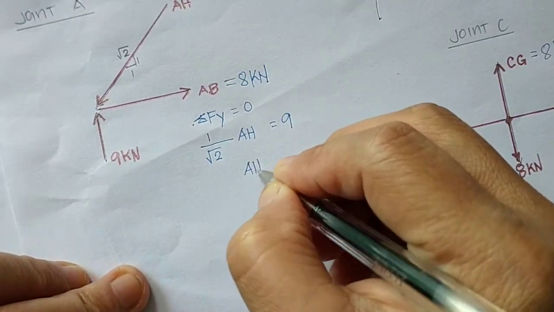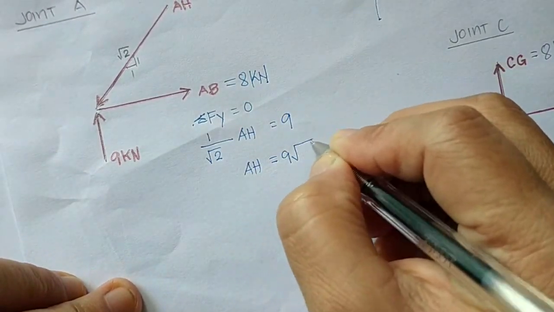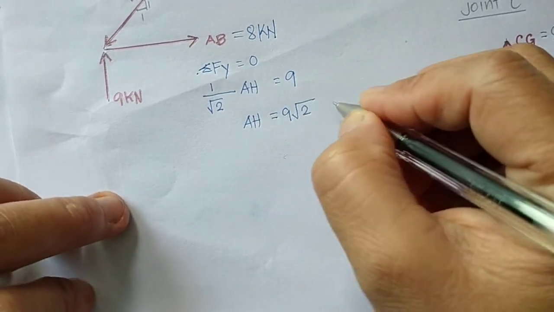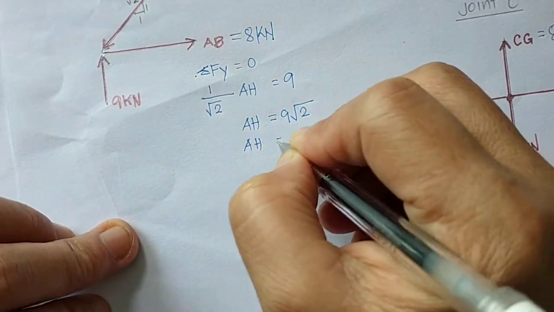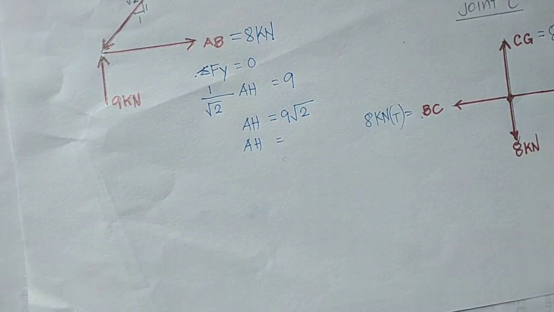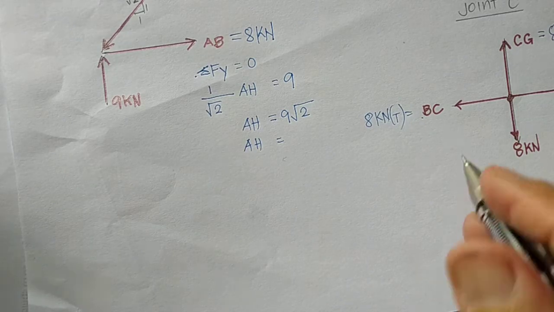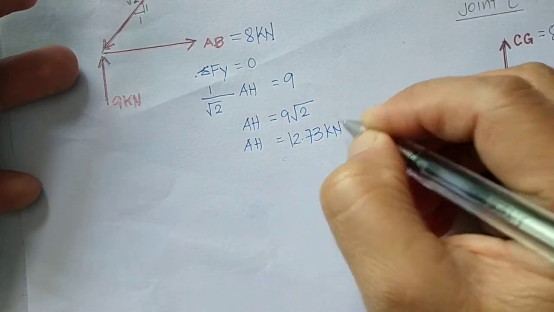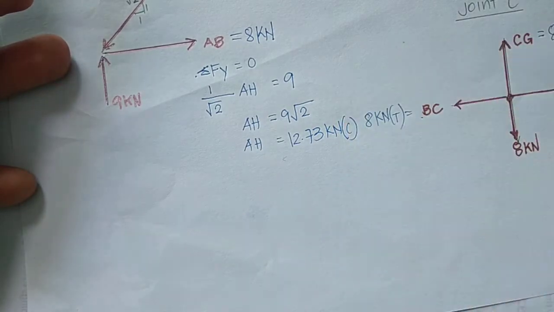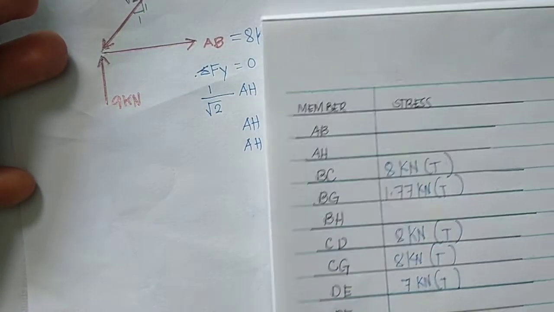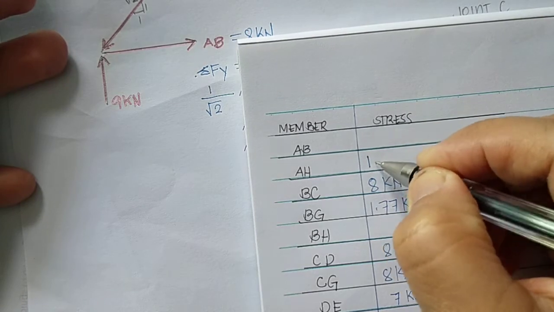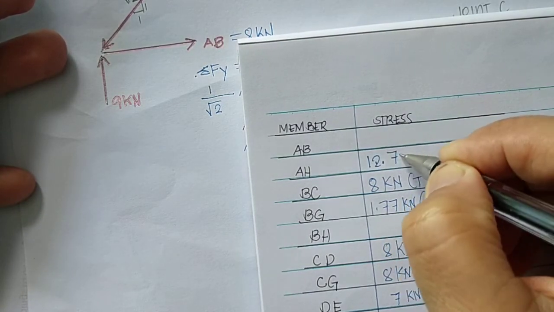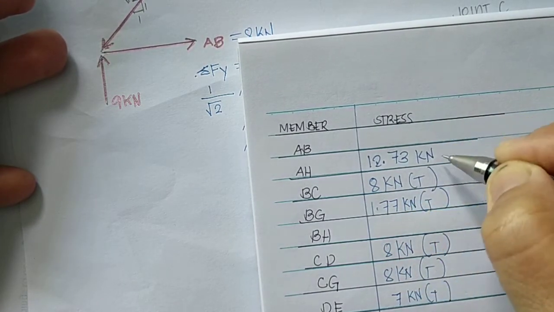AH is equals 9 multiplied by square root of 2, which is equivalent to 12.73 kilonewton. So this is compression AH. 12.73 kilonewton compression.